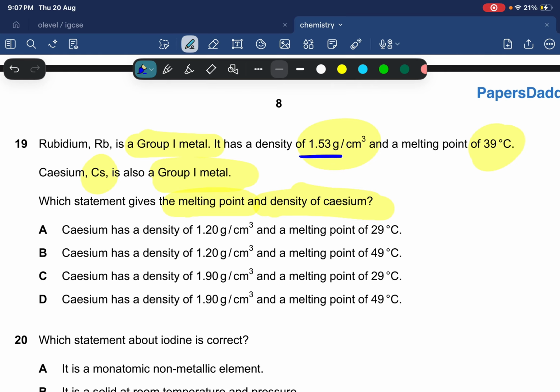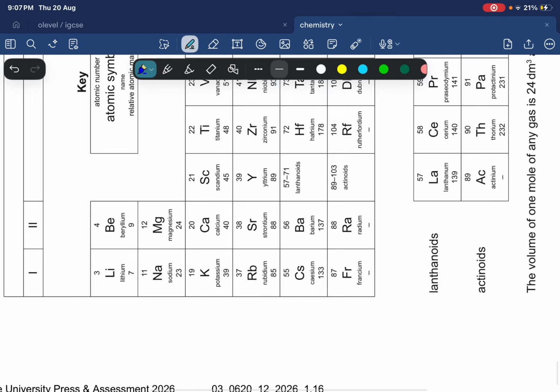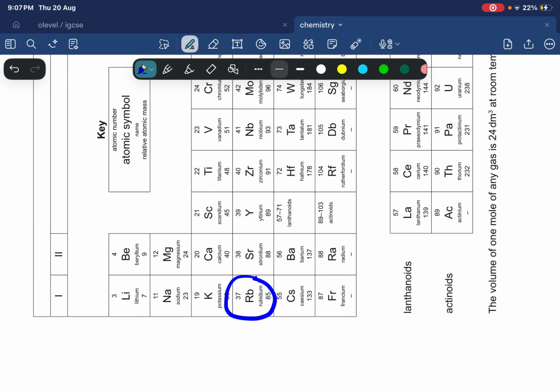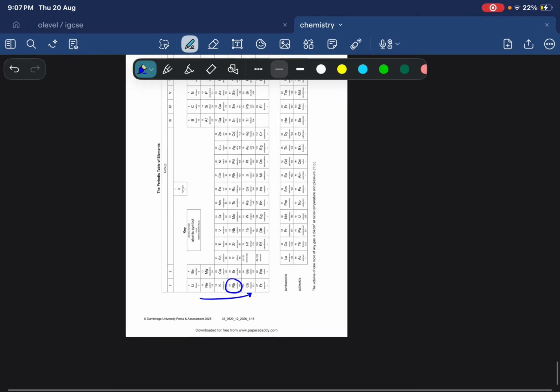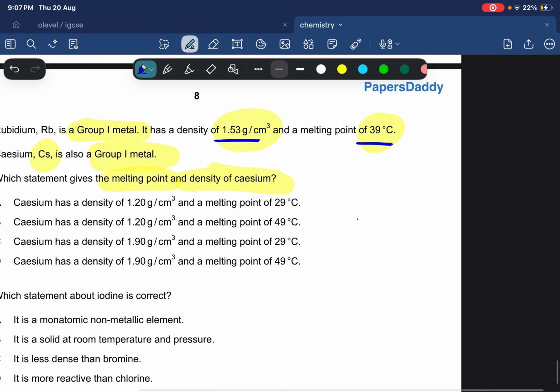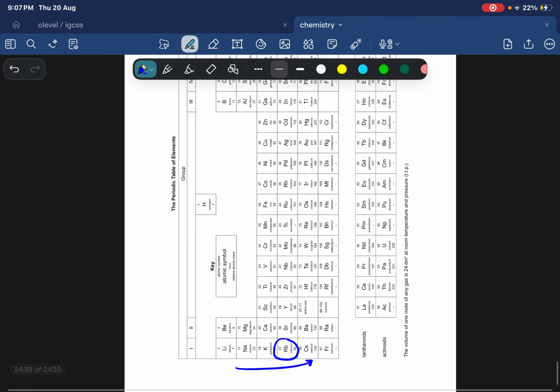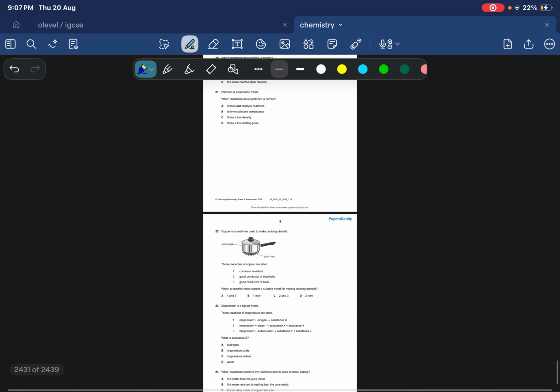You should consult the periodic table first and realize that rubidium is above cesium, and down the group the density increases and the melting point decreases, right? Rubidium is above cesium. So rubidium, cesium. And I need to check one more thing. Okay, done.